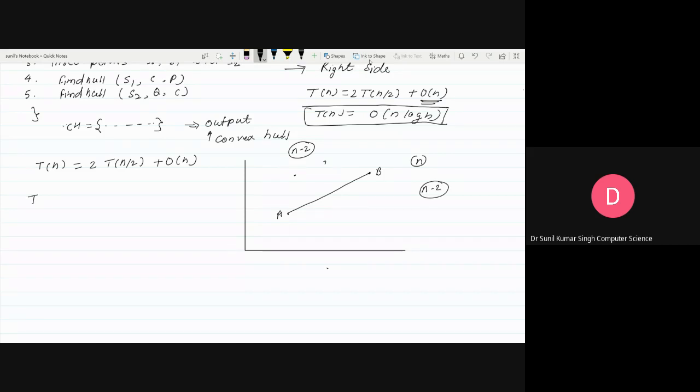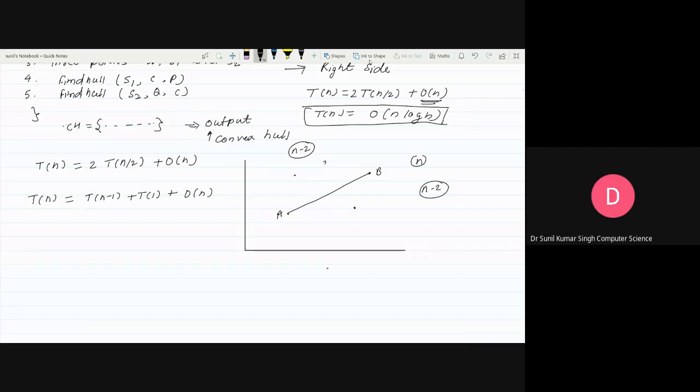In that case, we can write it as T(n-1) + T(1) + order of n, assuming that in every division, one side contains either no point or maybe 1 point, and the rest of the points are on the other side.